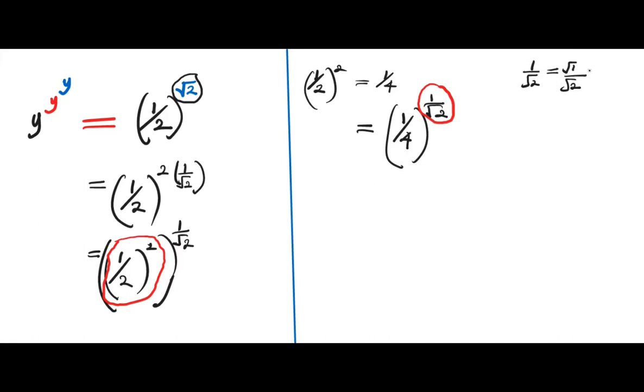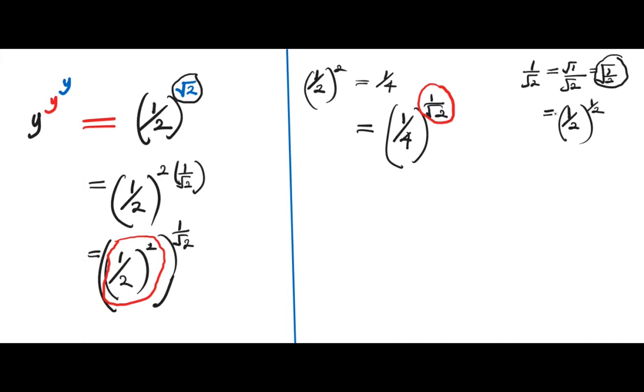So we can also write it this way: square root of 1 over 2. And this can be written as 1 all over 2 raised to the power of 1 over 2.